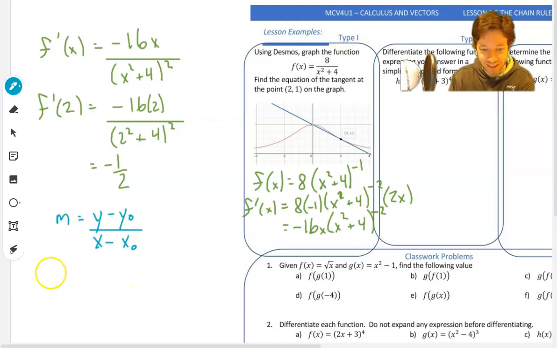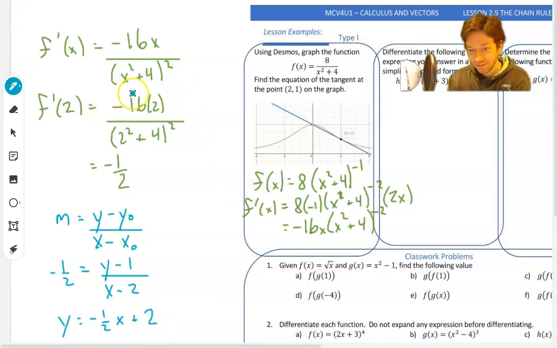M is minus 1/2. Y naught is our known y coordinate for a point, which is 1, so y minus 1. And x naught is our known x coordinate, which is 2, so x minus 2. And you can rearrange that to either standard form or slope-intercept form, whatever you prefer. I'll put it here as slope-intercept form.